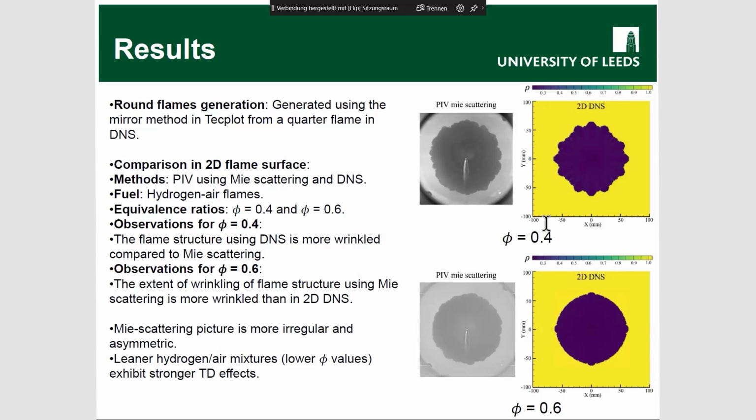For equivalence ratio 0.4, the flame structure in the DNS is more wrinkled compared to the Mie scattering. But for 0.6, the Mie scattering structure is more wrinkled than in the 2D DNS. So we can conclude that the Mie scattering picture is more irregular and asymmetric than the DNS modeling.